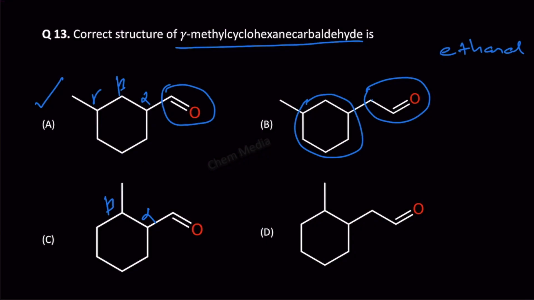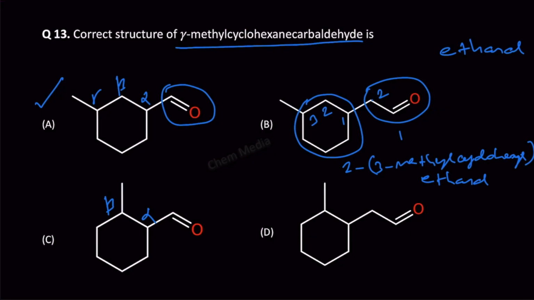So this is 1, this is 2. So at 2 position we have the cyclohexyl group, but that has a methyl group. So 1, 2, 3. So this means 3 methyl cyclohexyl, and then close the bracket and then ethanol. That is the correct way of naming this.